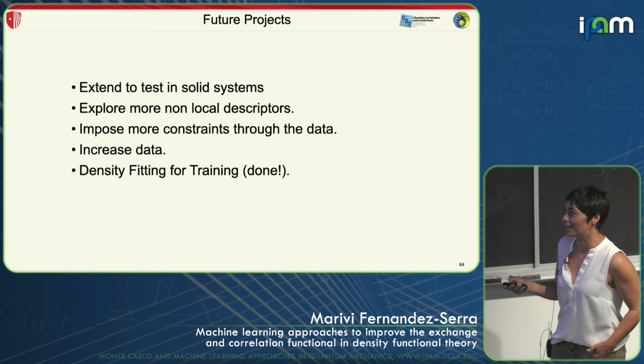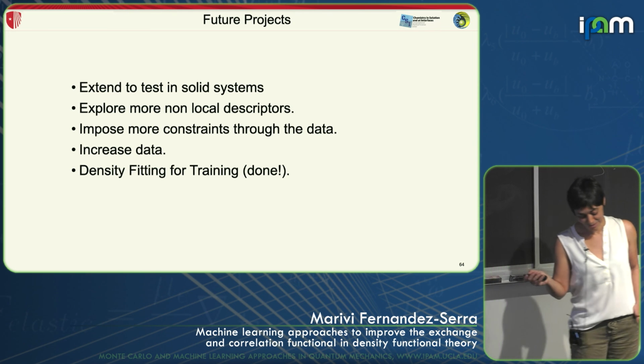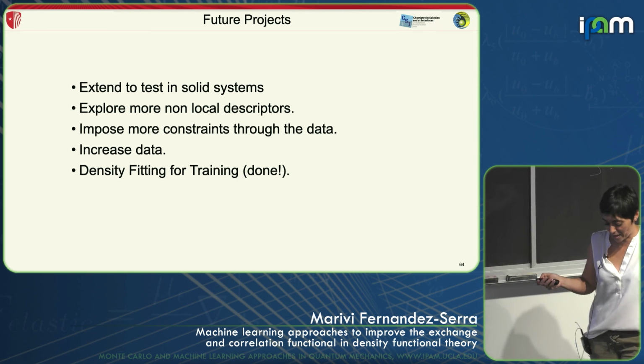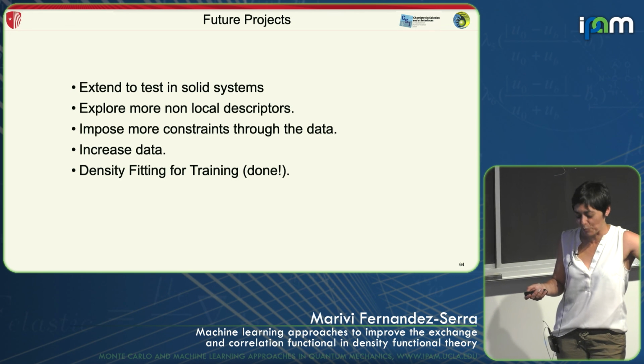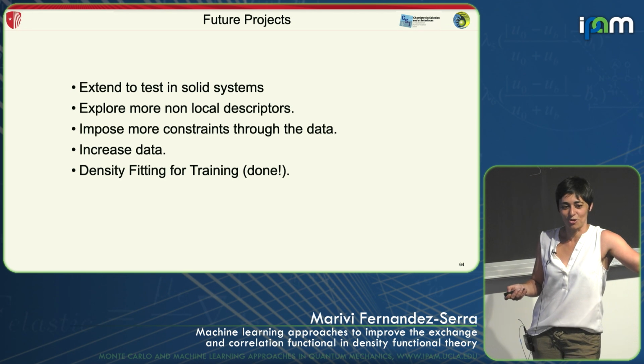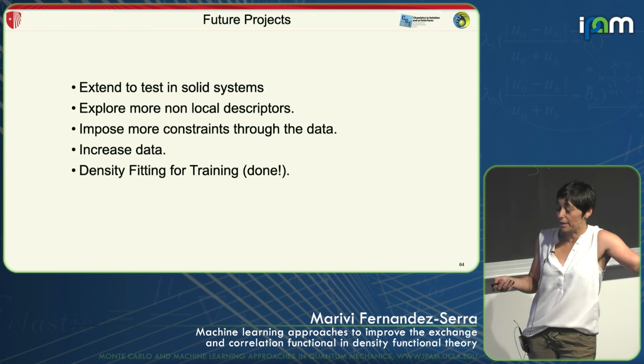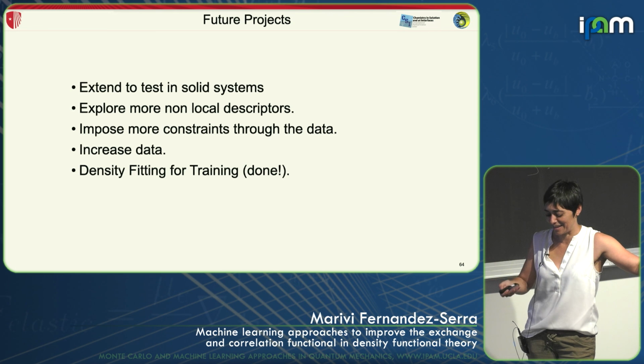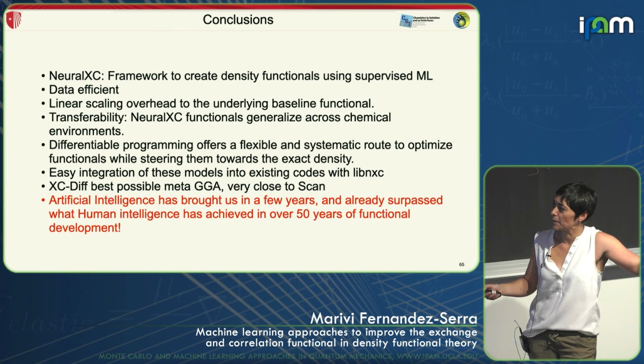And the answer is that neither the Google one nor ours improves very much in solids, because it's fitted to molecules. Indeed, the enhancement factor for solids requires certain changes that are not seen when one optimizes only for molecules. So we will need to impose fitting also to solids.